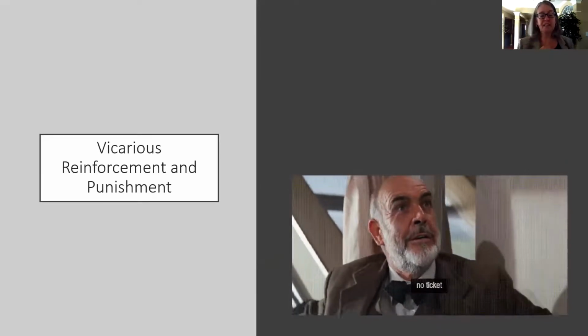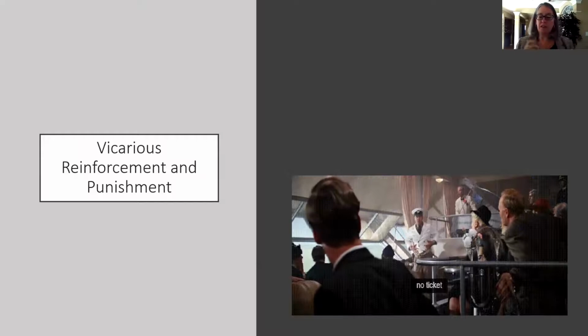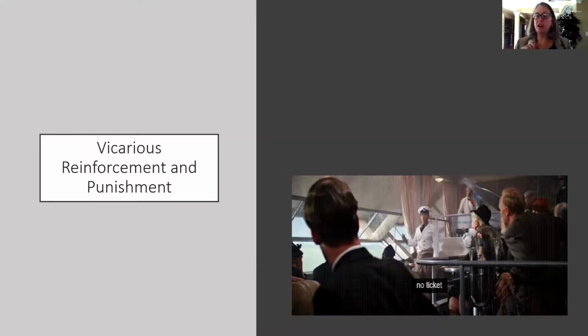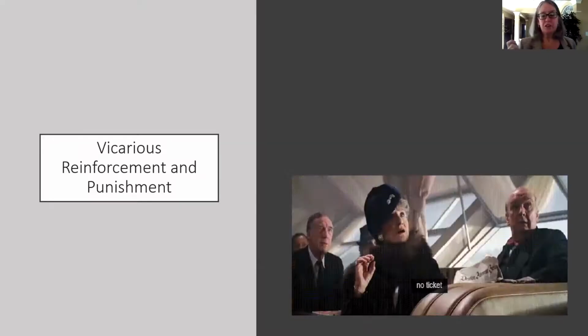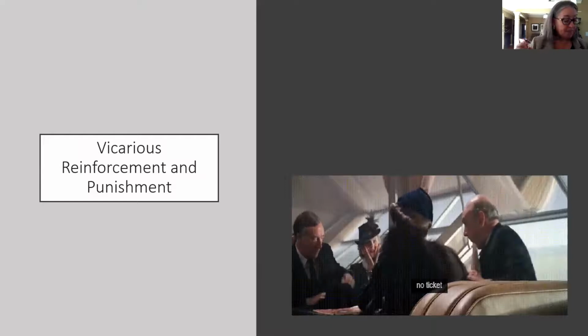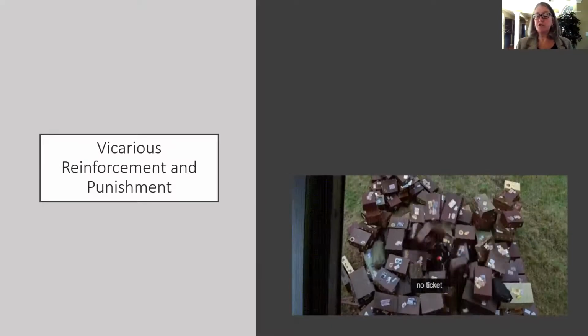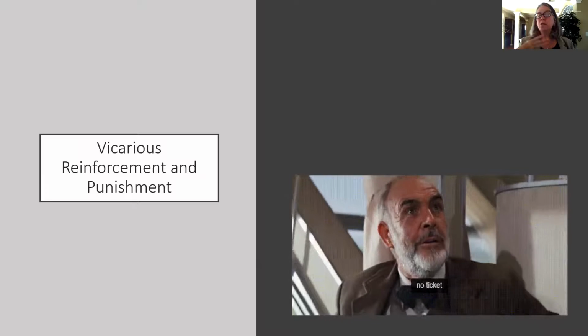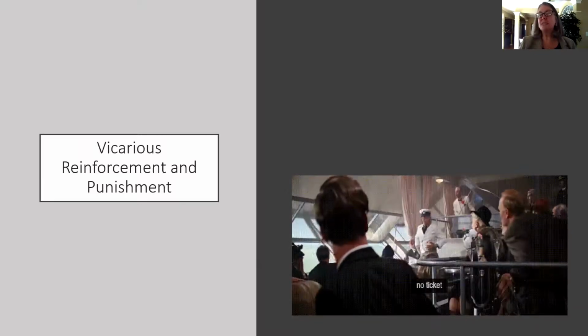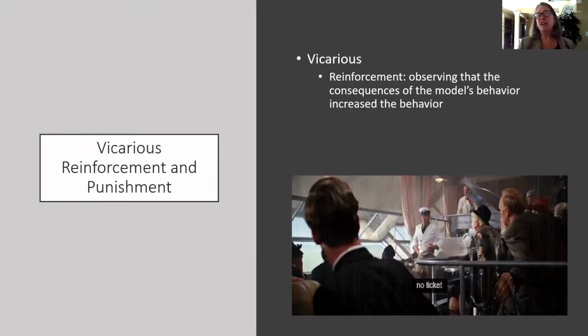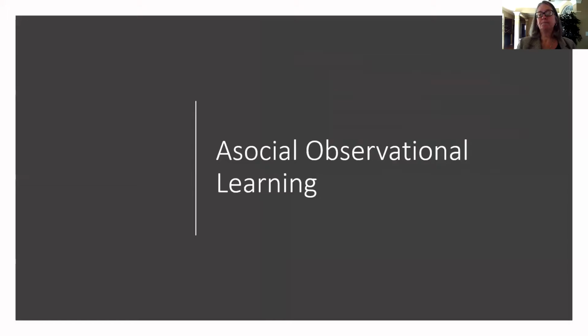And that's the silly thing here about the ticket, him getting punished for not having a ticket, and everyone's pulling out their ticket very, very quickly. So we call that vicarious reinforcement and punishment. We're getting reinforced and punished by watching someone else in a situation give a behavior and then get the consequence.